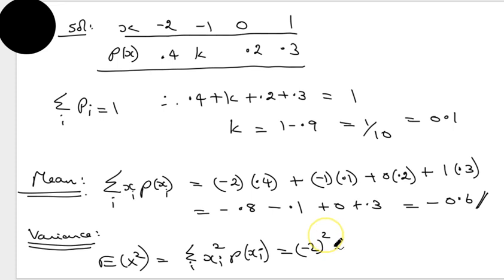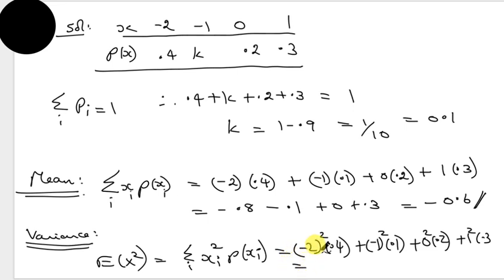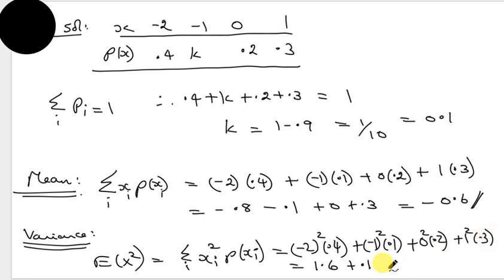Minus 2 the whole squared into 0.4 plus minus 1 the whole squared into 0.1 plus 0 squared into 0.2 plus 1 squared into 0.3. So minus 2 squared is 4. 4 into 0.4 is 1.6. Minus 1 squared is 1, so it is 0.1. And then this becomes 0. And then you have a 0.3. So this value adds up to be 2.